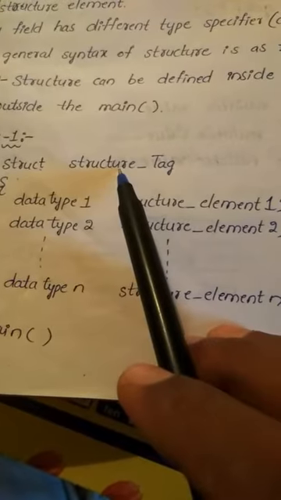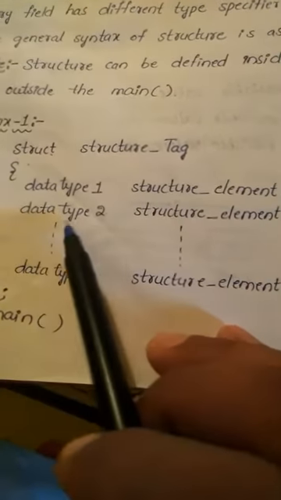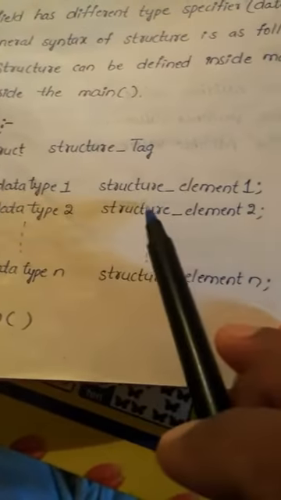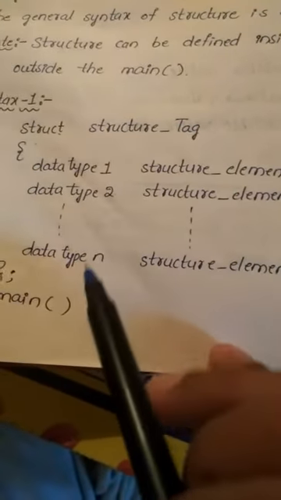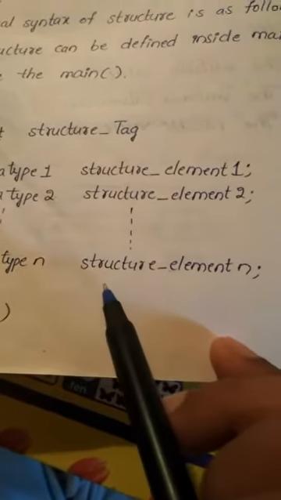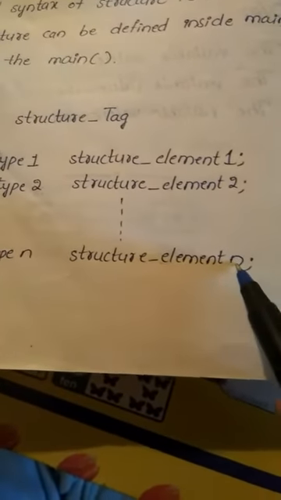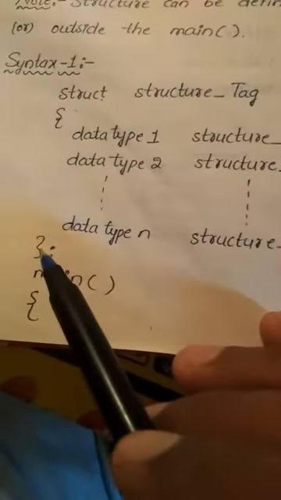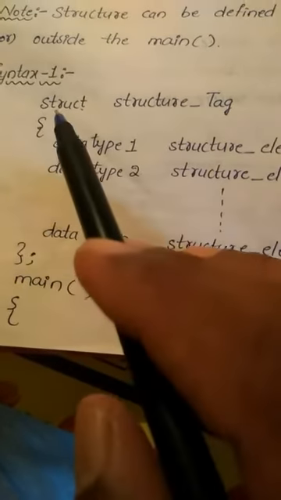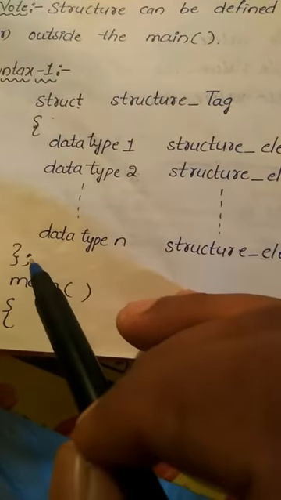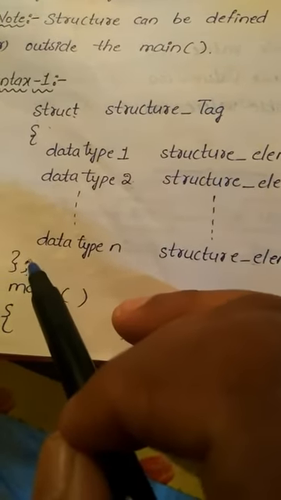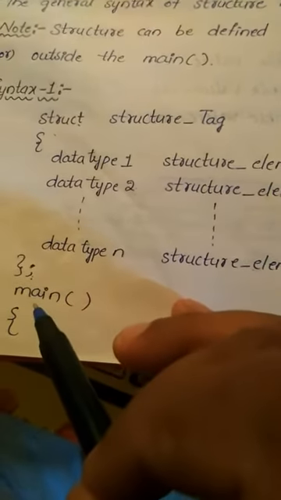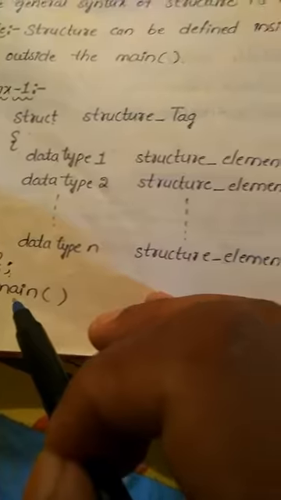Struct, structure tag, opening brace, data type, structure element, data type, structure element. In this way we write n data types and their respective elements up to n. After that close the structure and end with a semicolon, and then start the main function.